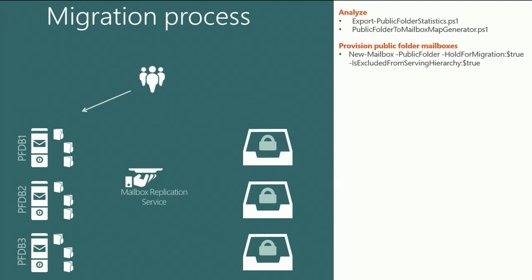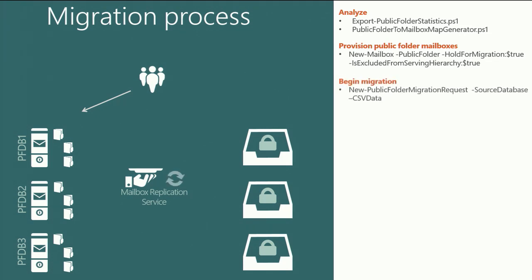Why? So your Exchange 2013 users don't see these public folder mailboxes. Otherwise, it's really tricky if a user calls you and says, hey, my colleague has different content in that public folder, why do I see something different? And you're like, shit.